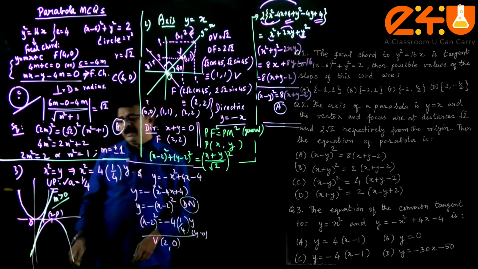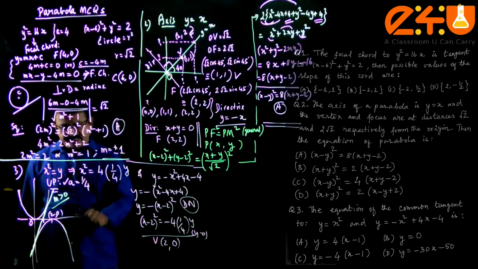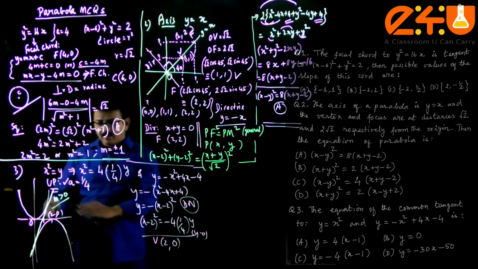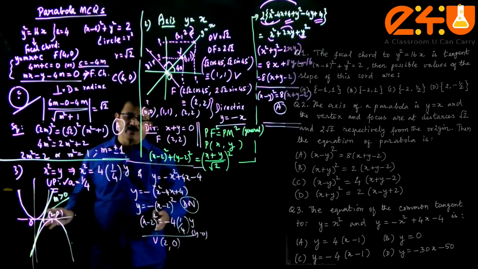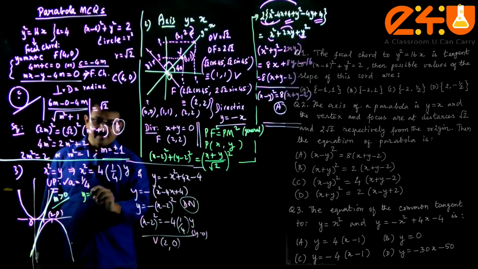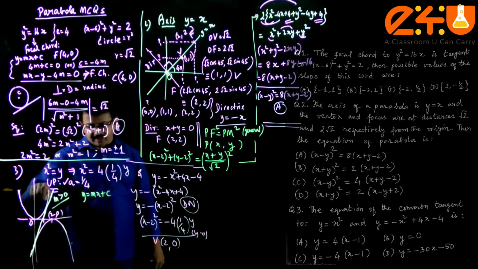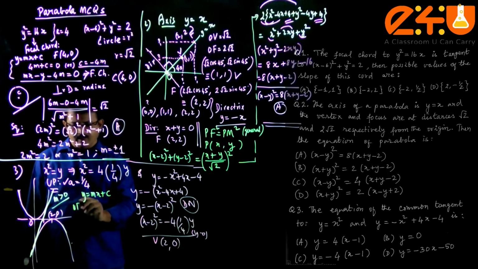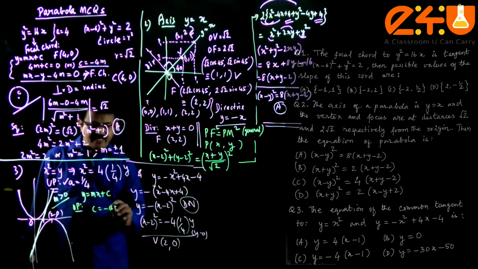Let me solve. What is the condition of tangency? I think in the last theory class I showed you, for all the 4 cases, the tangency condition of line y equal to mx plus c. First take up the upward parabola, standard type. For the upward parabola, I told you c is minus am squared.